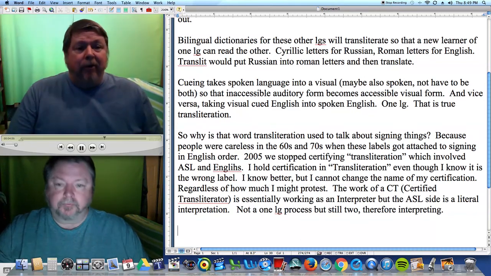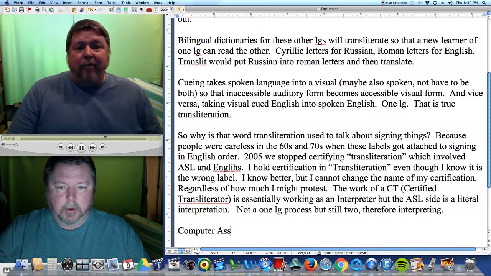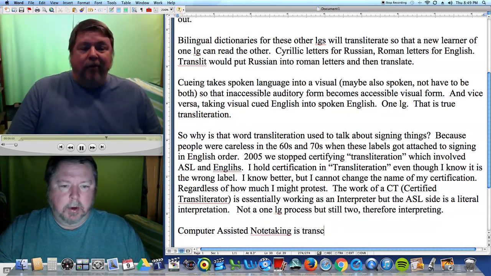What is that? Computer-assisted note-taking is technically a form of transcription, yet another label. But in general terms, it is also transliteration.